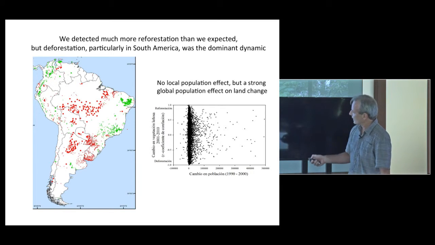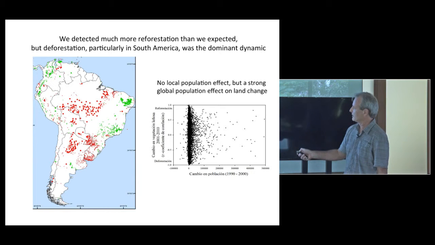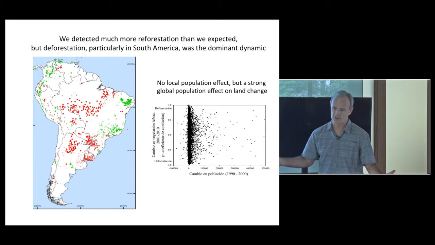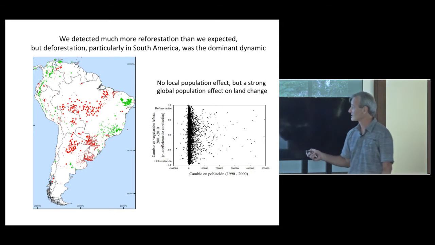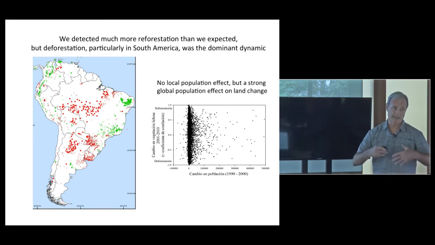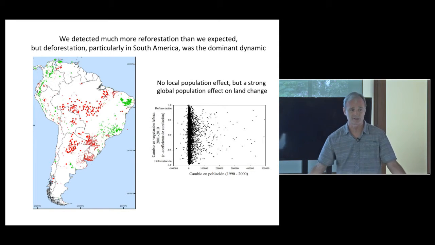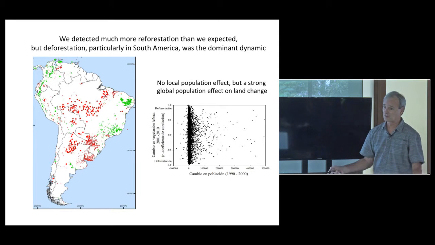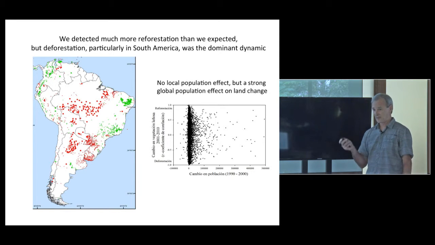This is our correlation in change in woody vegetation, reforestation versus deforestation. And you could expect that if you lose population, you'd have reforestation, and then as you increase population, more deforestation. Clearly, at the scale of the municipality and analyzing those 16,000 municipalities, we didn't find a clear relationship.